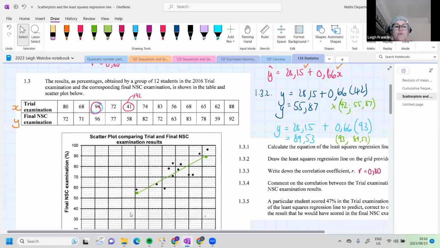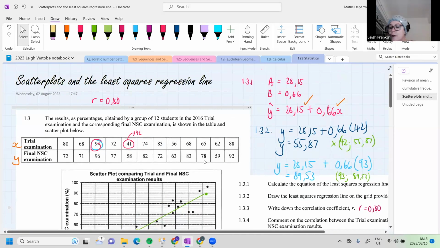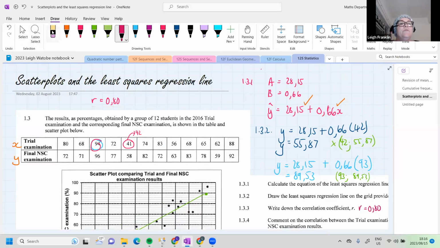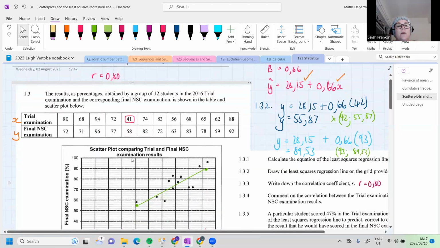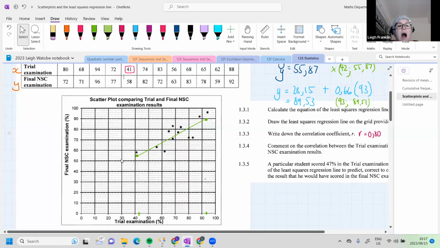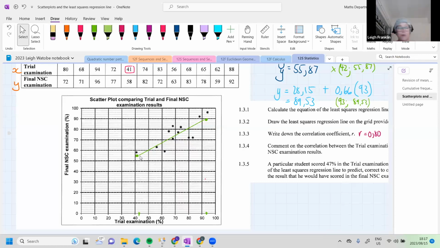And the reason for that is because my smallest piece of data is 41. So in other words, if somebody got less than 41% for their trials exam, I don't know anything about marks that are less than 41. So if I extend my line beyond 41, so smaller than 41, I am saying that the data that I know nothing about is behaving in exactly the same way.